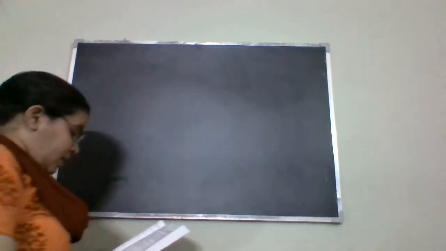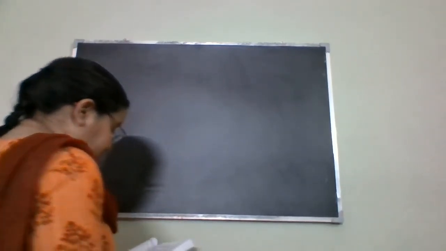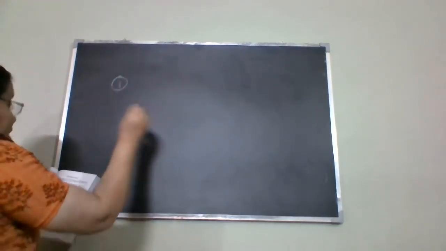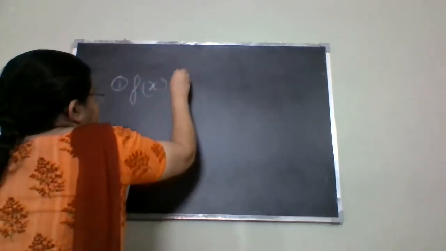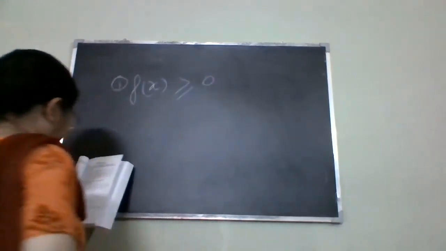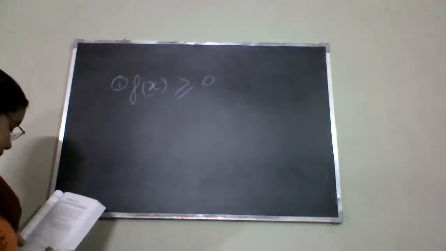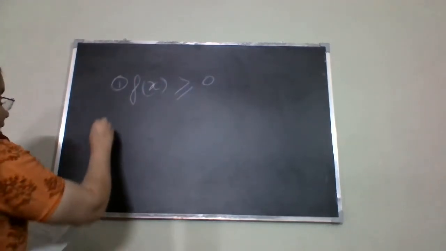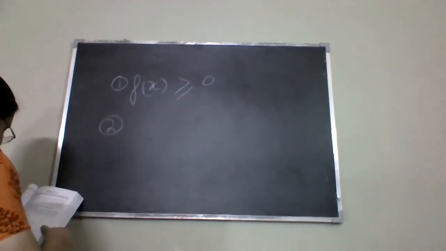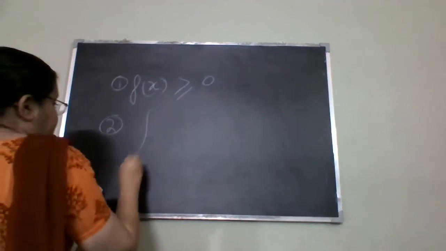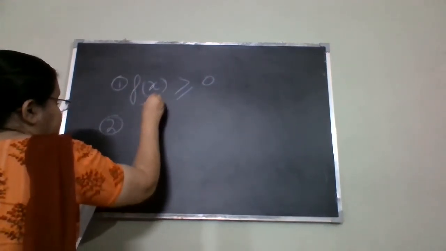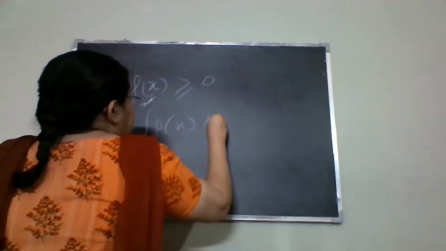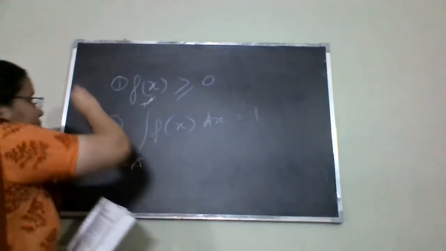If f(x) is a PDF of a random variable capital X, then the first property is f(x) is greater than or equal to 0. This is the first property of probability density function. And the second property is the integral from minus infinity to plus infinity of f(x) dx is equal to 1. We have to remember these two properties.